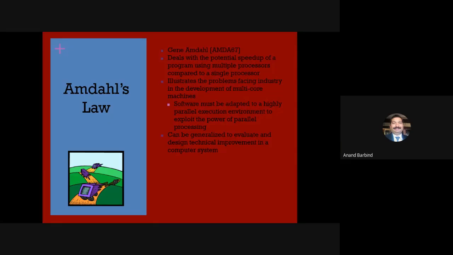What are multiple cores? The processor contains more than one CPU. That means instructions are executed simultaneously by the CPUs.